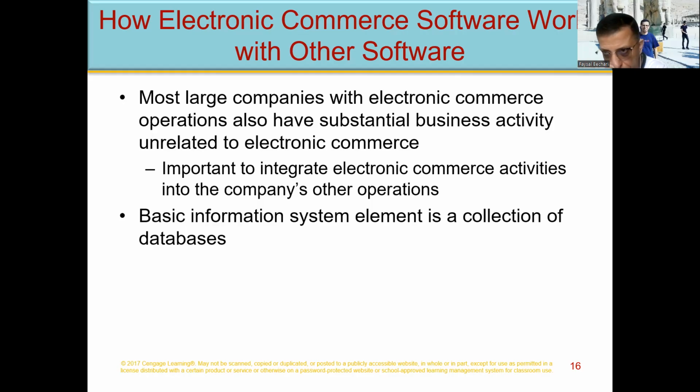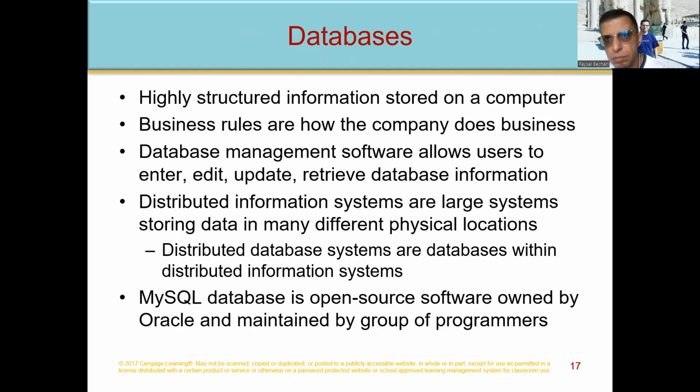The basic information system element is a collection of databases. So they store it in the database. We saw the video for the database. What's a database? It's highly structured information stored on a computer, server, whatever.